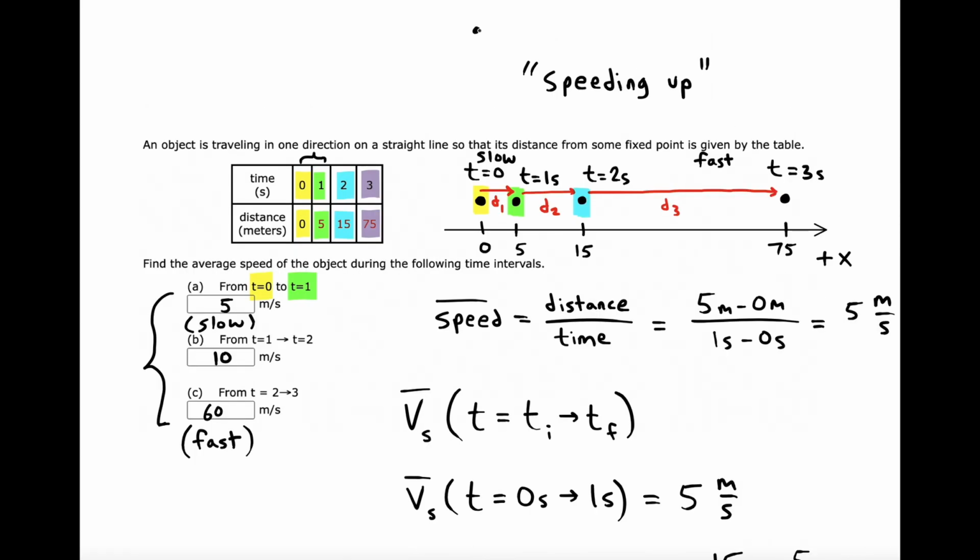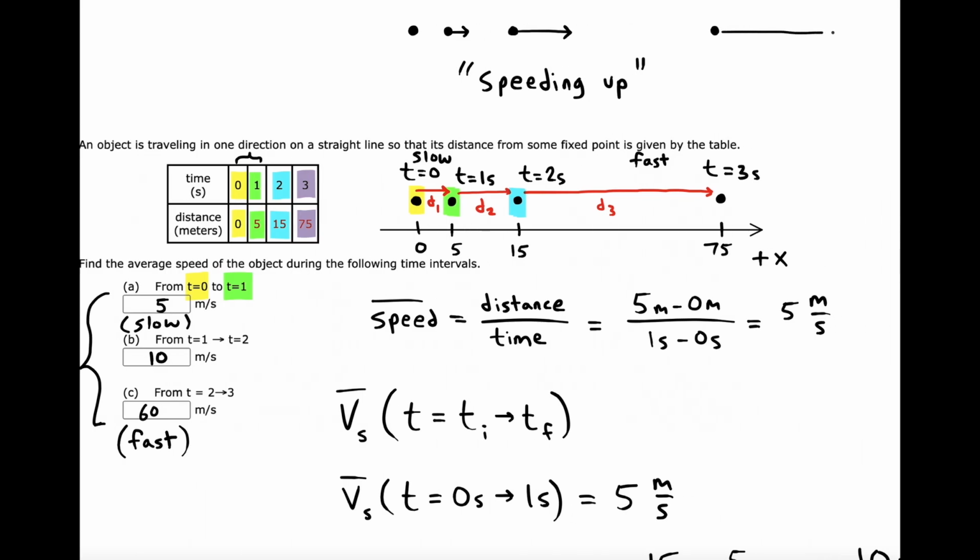When we're making a motion map like this with dots, we can use arrows to qualitatively represent the size of the speeds. So you might show that the speed is slow at the beginning with a short arrow, and then show how it's getting faster and faster, making the arrows longer and longer.